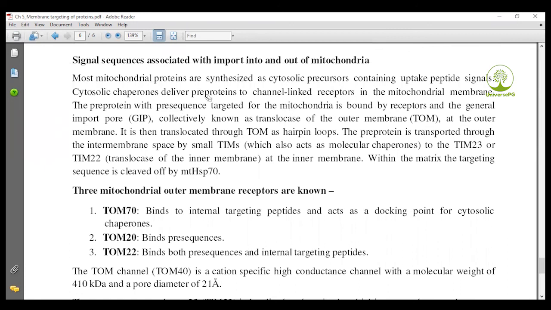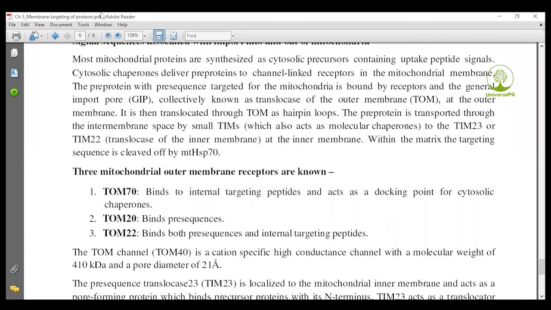Most mitochondrial proteins are synthesized as cytosolic precursors containing uptake peptide signals. Cytosolic chaperones deliver pre-proteins to channel-linked receptors in the mitochondrial membrane. The protein with a pre-sequence targeted for the mitochondria is bound by the receptor and the general import pore, GIP, collectively known as the translocase of the outer membrane, TOM.